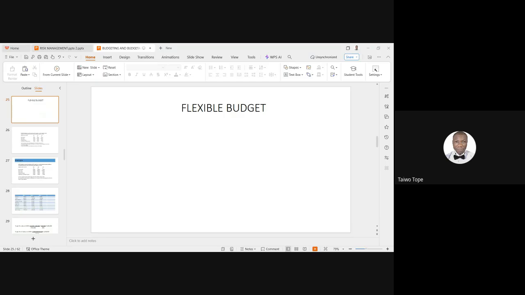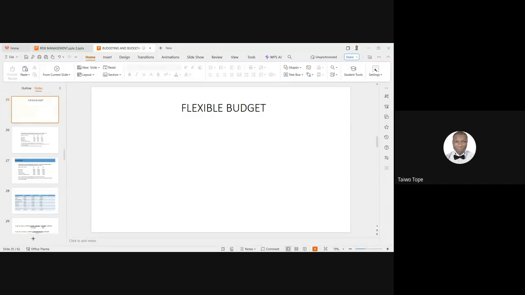So this flexible budget is necessary because output rarely equals the original planned level. You can make your plan today, and when you want to execute your plan, there can be deviation. So you adjust your budget to suit the prevailing condition at that particular point in time.